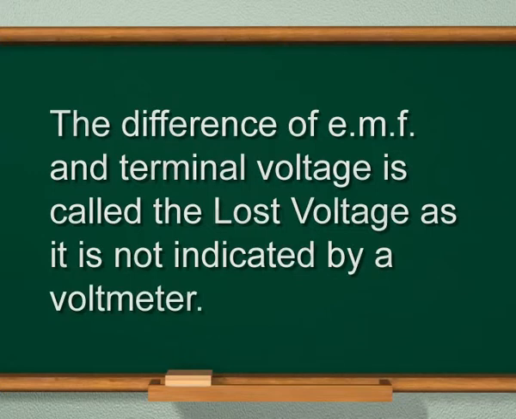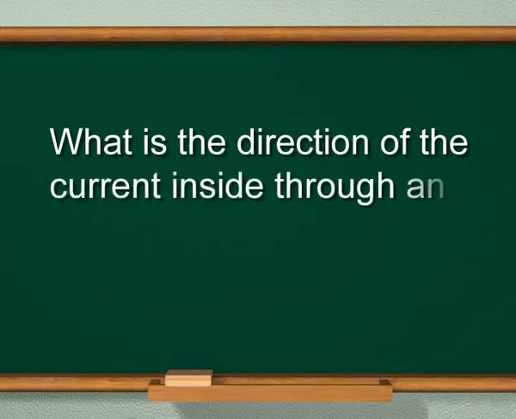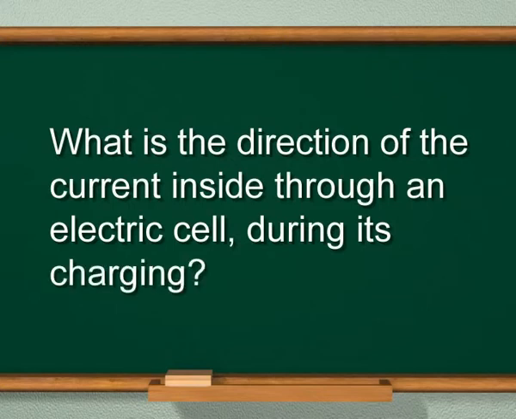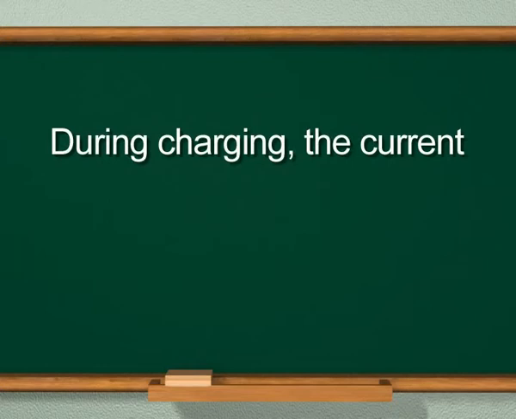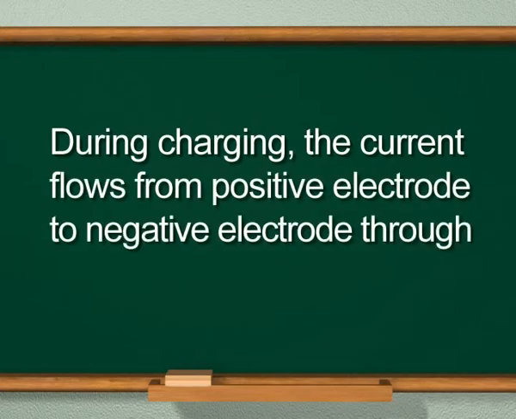The next question is, what is the direction of the current inside an electric cell during its charging? The answer is, during charging, the current flows from positive electrode to negative electrode through the cell.